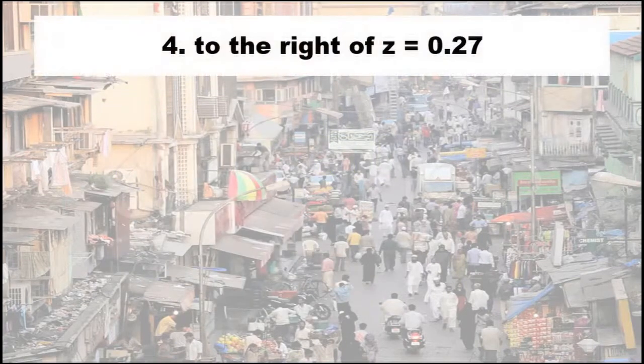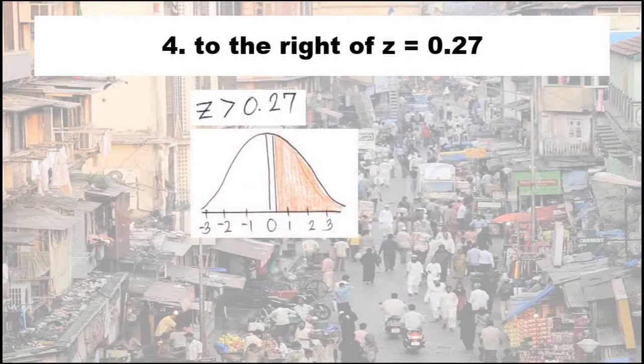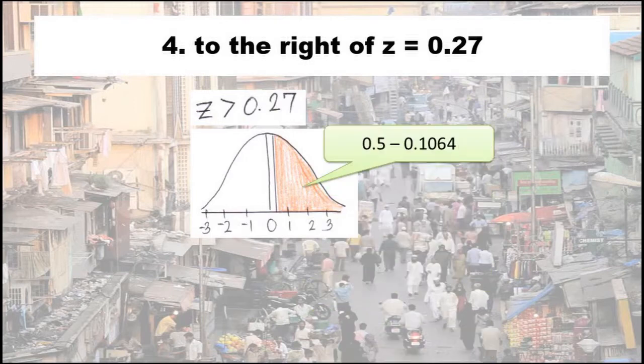Next one, to the right of z is equal to 0.27. So that means z is greater than 0.27. So we will sketch now the graph. So it looks like this. So this one is 0.5 minus 0.1064.